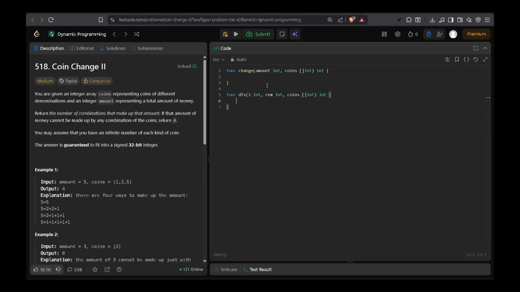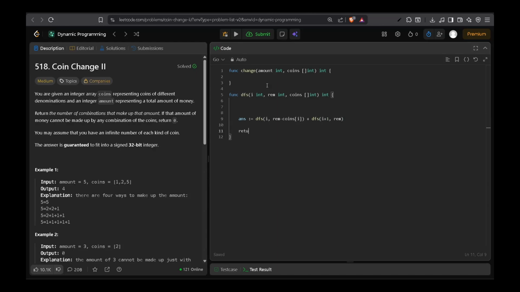So the answer we were looking for is, as I said, answer equal to dfs of I comma remaining minus coins of I, plus dfs of I plus 1 comma remaining, right?